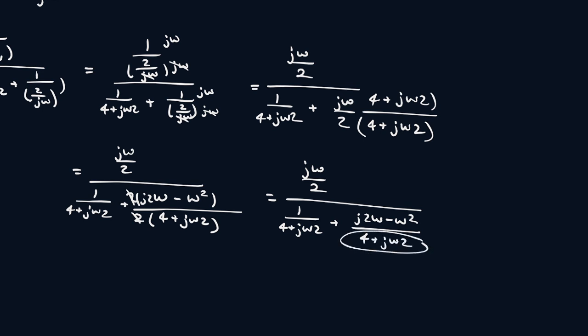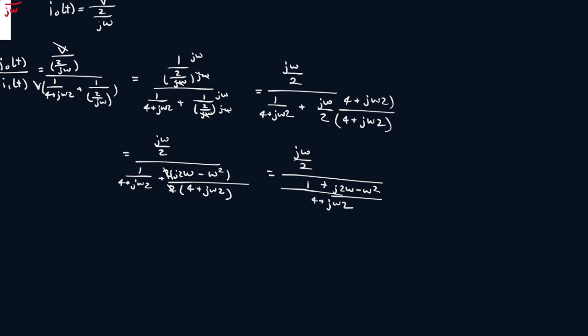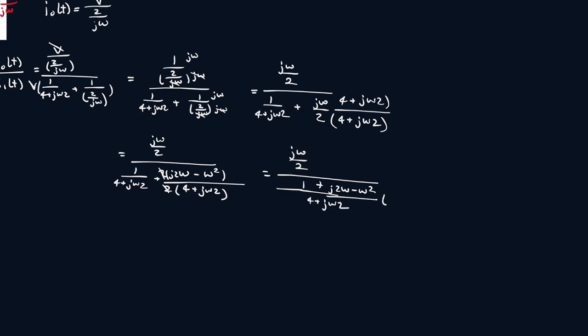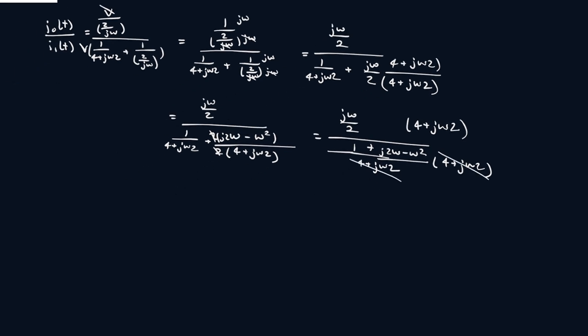And since we have two common denominators, we can just combine all of this. Now the next thing I'm going to do is times the top and bottom by 4 plus JW2, which causes this and this to cancel out.